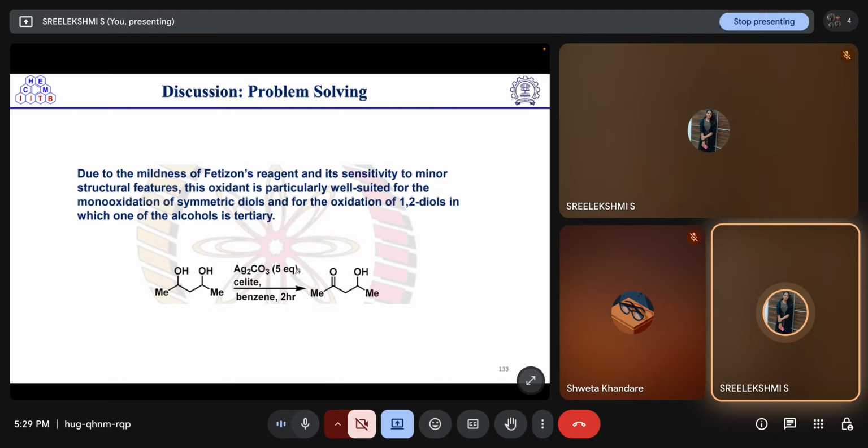Another advantage of this reaction is that since it is a very mild reagent, if two secondary alcohols are present in the same substrate, like this symmetric substrate, we can selectively oxidize one alcohol in the presence of the other. So here we are getting the symmetric diol, but only mono oxidation is happening, and we are getting this product. That is due to the mildness of Fetizon's reagent.